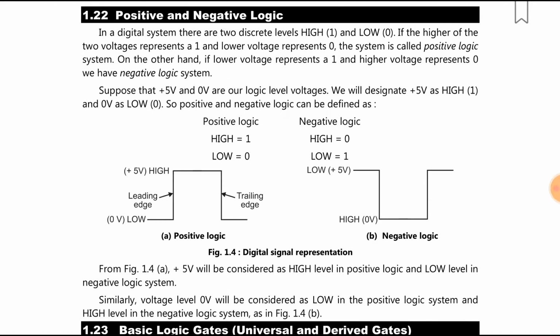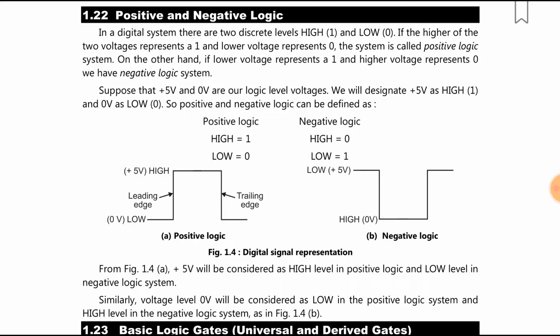Now we will see what is meant by positive and negative logic. So in a digital system there are two discrete levels, high and low. If the higher of the two voltages represents 1 and the low voltage represents 0, the system is called a positive logic system. On the other hand, if the lower voltage represents 1 and the higher voltage represents 0, we have a negative logic system.